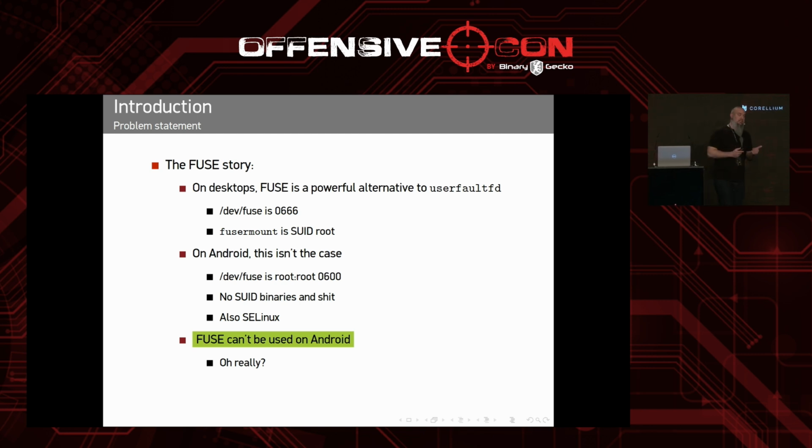Now, on Android, this isn't the case. /dev/fuse is owned by root. There are no suid binaries. There's also SELinux, which basically prohibits all applications from accessing this device, apart from a very limited set of privileged daemons. So there's a common misconception that on Android, FUSE cannot be used for exploitation purposes.